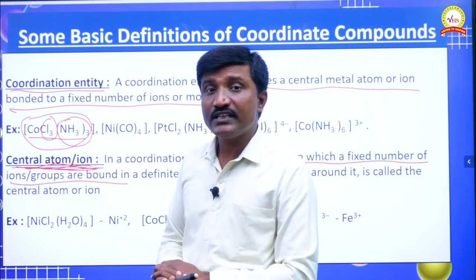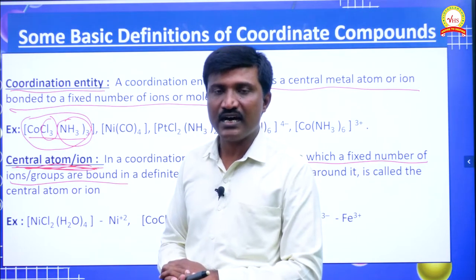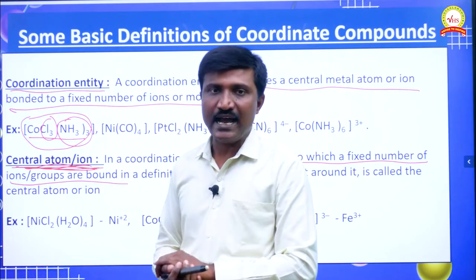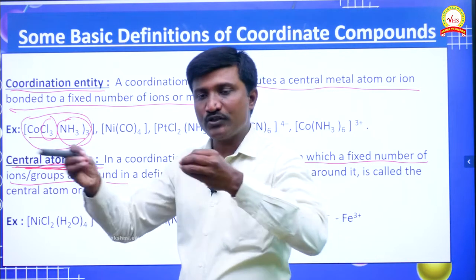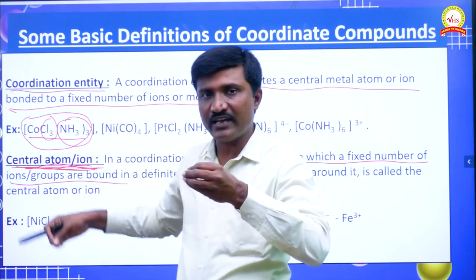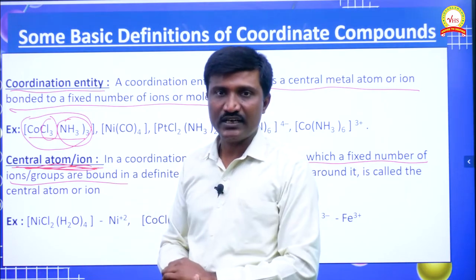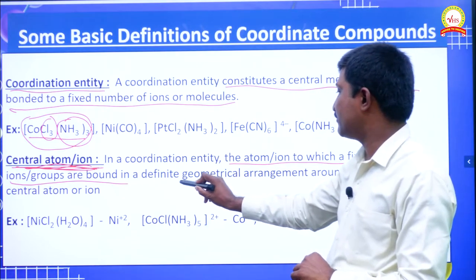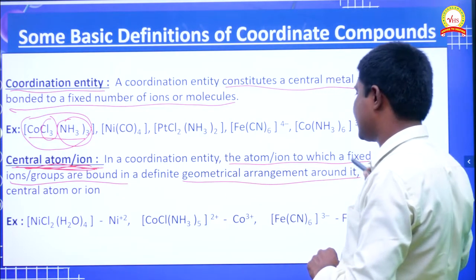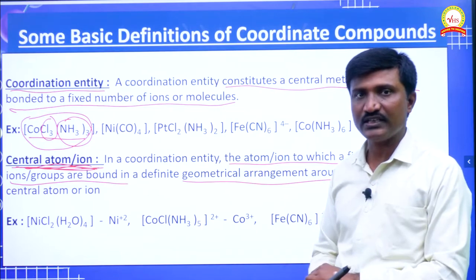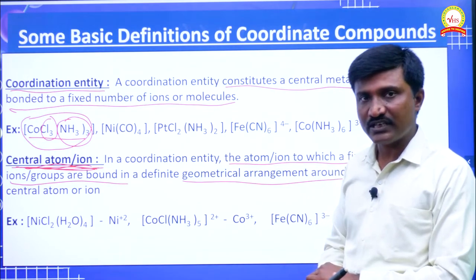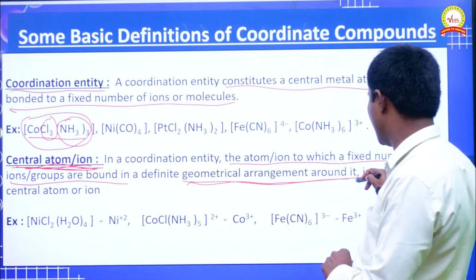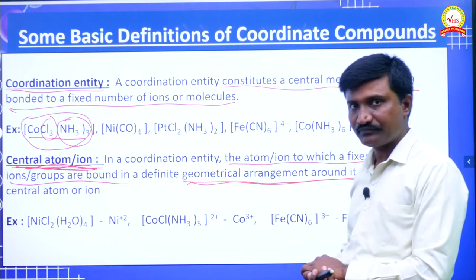During the binding of those ions, groups or molecules to the central atom, they may approach the central atom from any direction, right? Depending on the direction, the geometry of that complex compound depends.